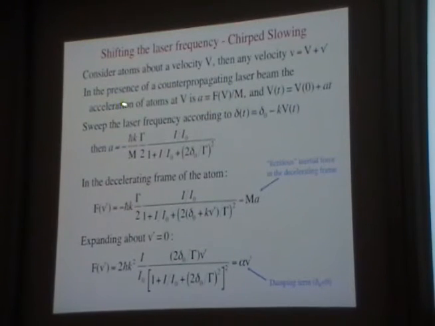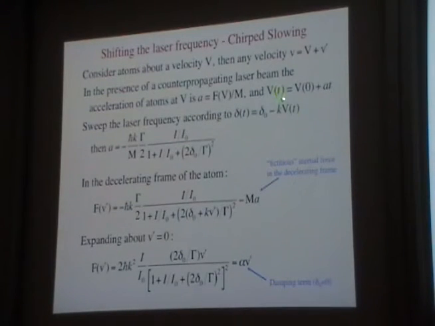In the presence of the counter-propagating laser beam, you want to know what the acceleration is in this frame. And so in this process, you also want to chirp the laser. So as you're slowing the atoms down, you want to stay resonant in the particular frame of the slow atom.